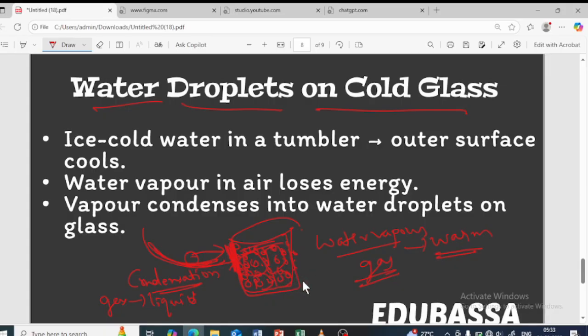That is by this process which I have explained now. So in simple terms, the water vapor that is present in the air, when it comes in contact with the glass tumbler, will lose the heat energy, and that is the reason the condensation from gas to liquid takes place, and you can see the water droplets on the surface of the glass tumbler.